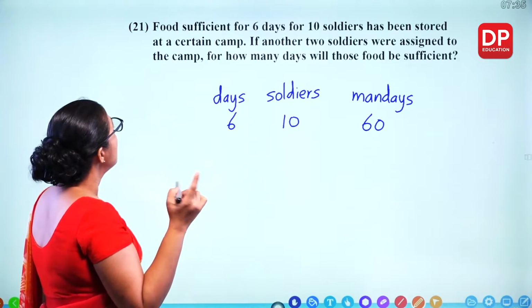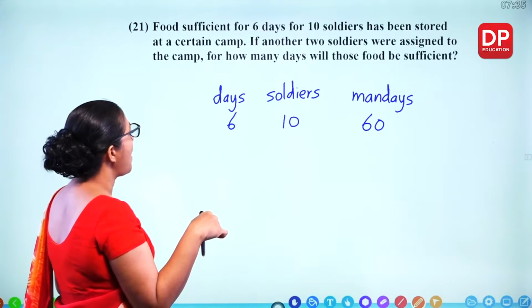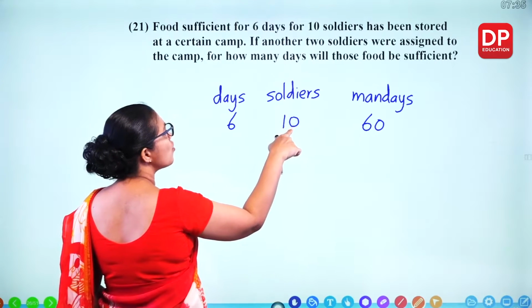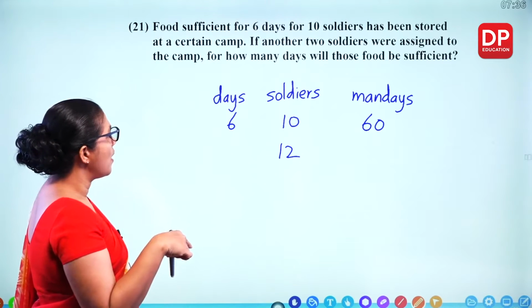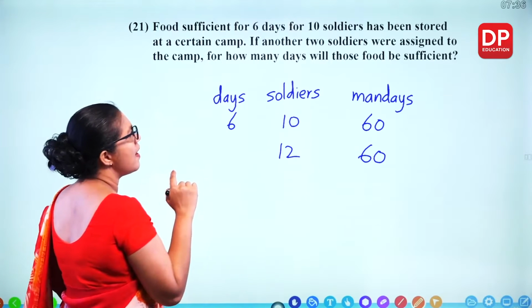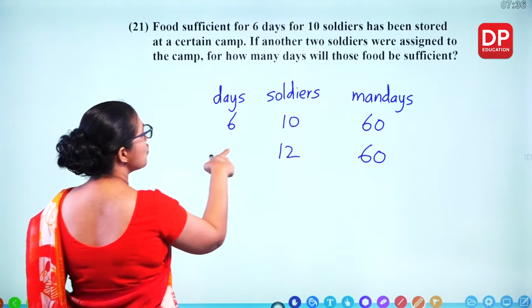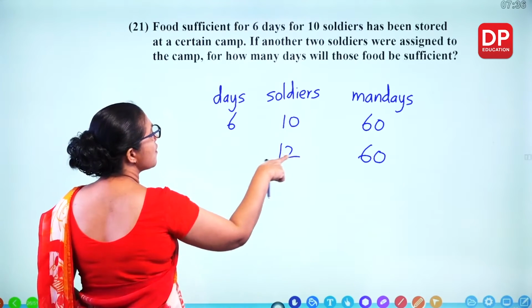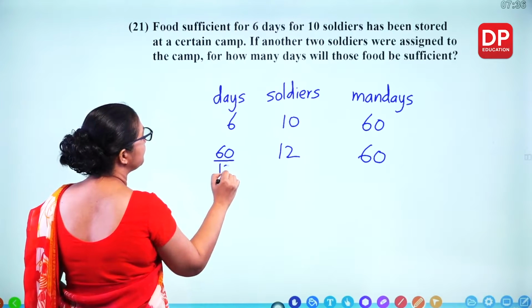And if another 2 soldiers were assigned to the camp, so that means how many soldiers are there now? 12. 10 plus 2, 12. But same man days, same food they ask. So we need to find out how many days sufficient now with this food. So 60 divided by 12.